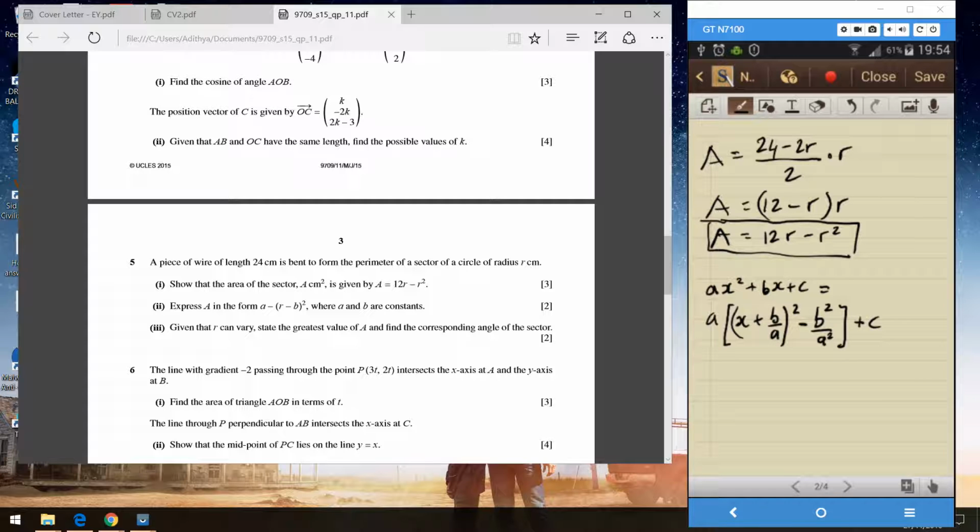If you expand this out, you will get the same form. You're welcome to do so, but I'm sure you can do that.